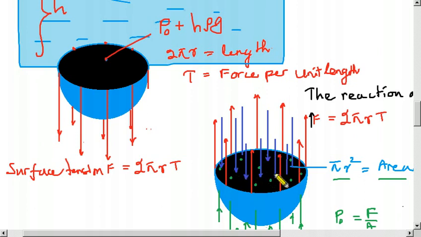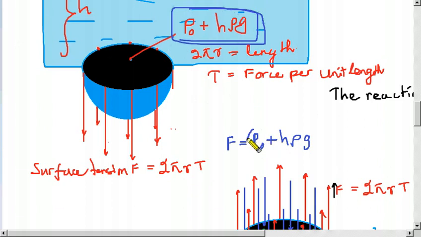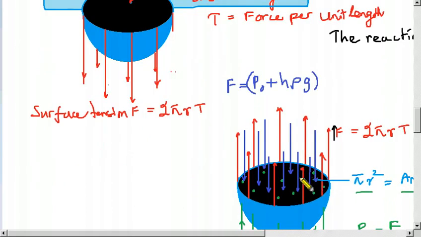So this is the force given by the pressure. What is the pressure? P naught plus h rho g. So the force is pressure times area. Pressure is in brackets P naught plus h rho g, times area. Area is this cross-sectional area, pi r squared.